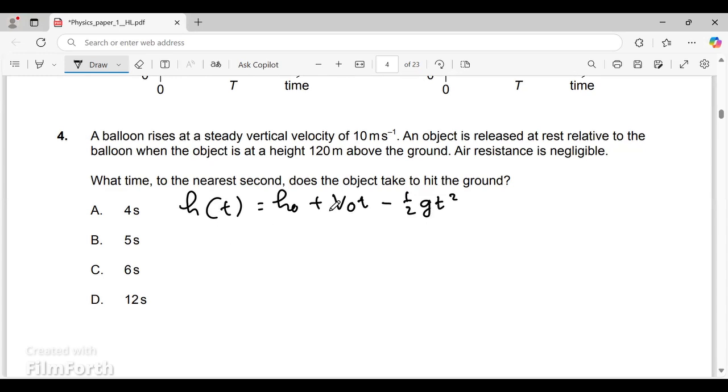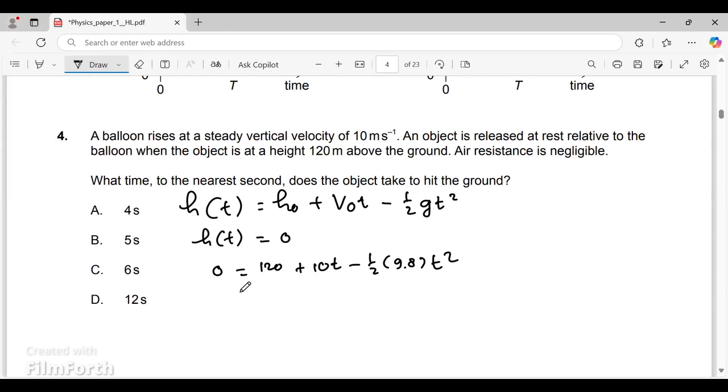Now we want to find the time t. To find the time t, we need to set h(t) equal to 0. If h equals 0, this equation becomes 0 equals h0, and I will substitute h0 is 120, plus 10t minus 1/2 times 9.8 t squared.